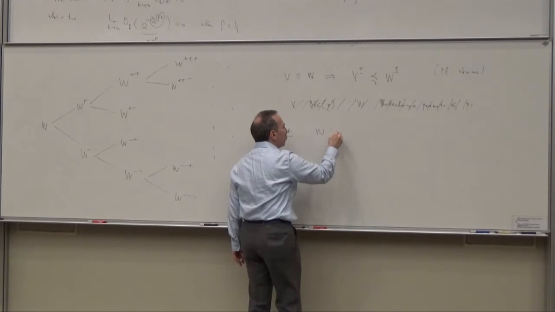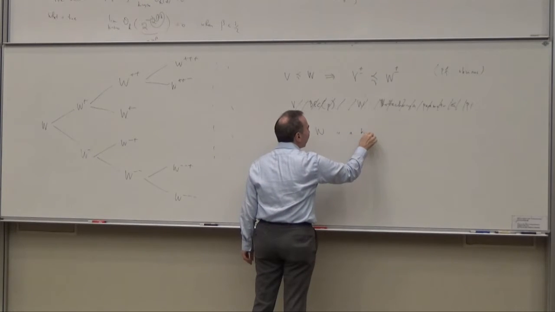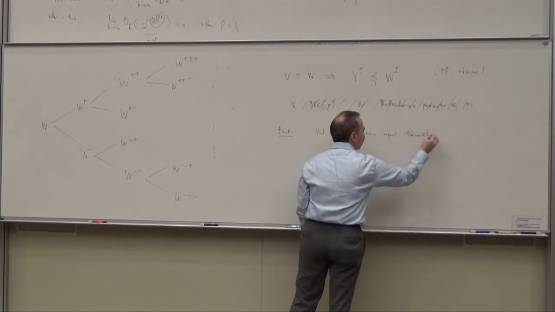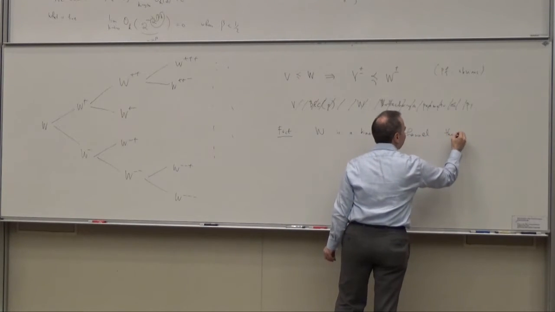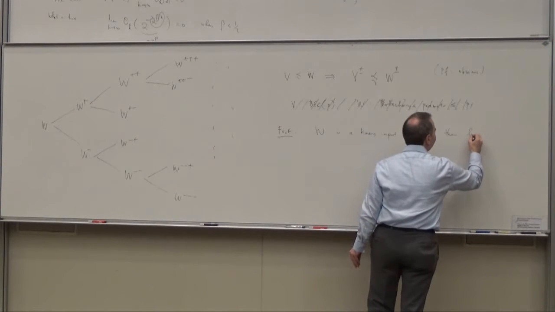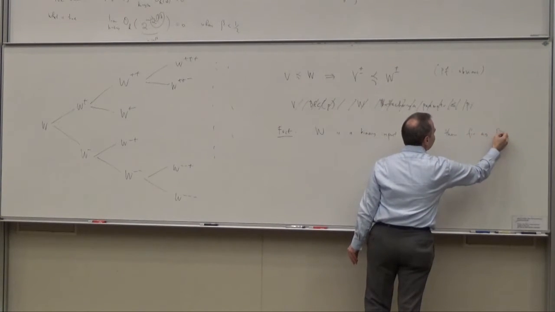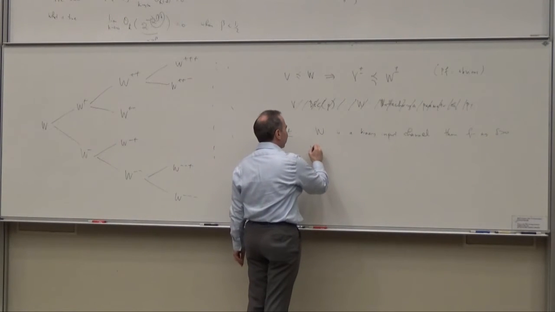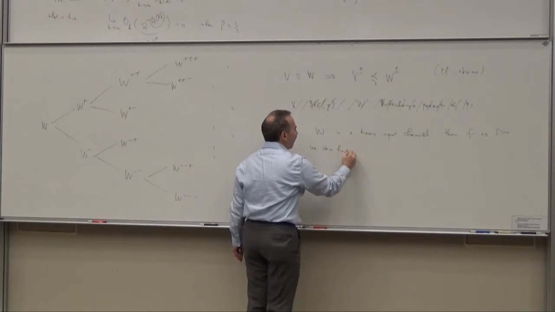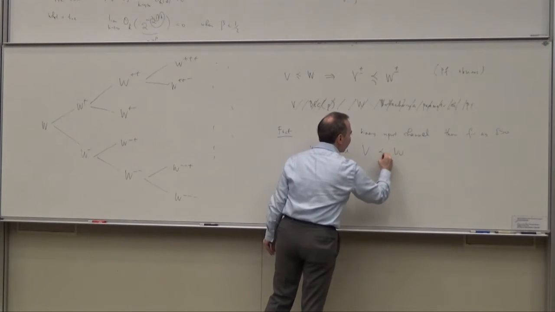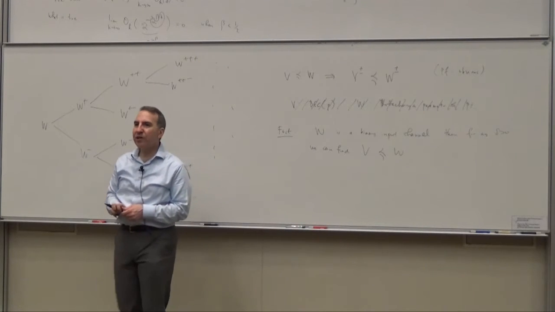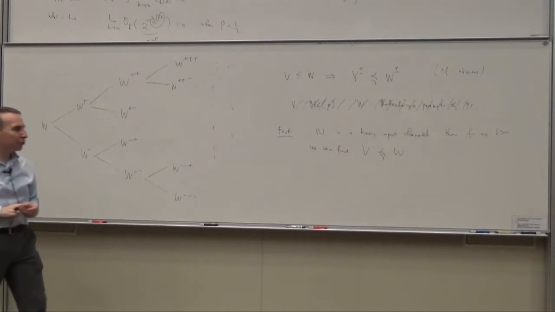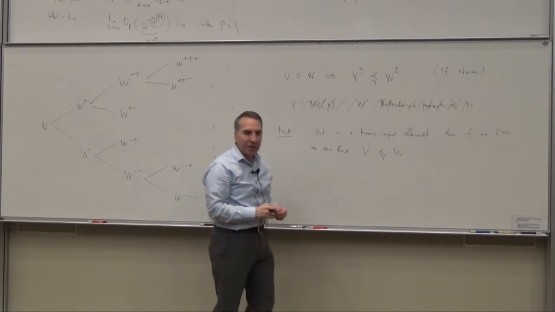If W is any channel, a binary input channel, then for any small delta, we find a V which is degraded with respect to W. So I take W, I process the output, I create the V, but not too much.